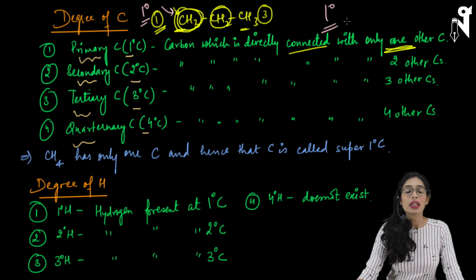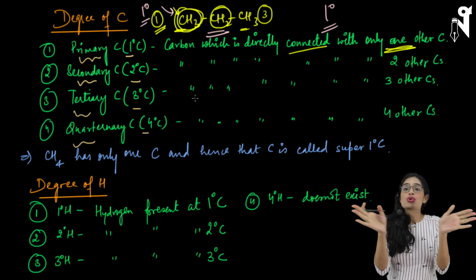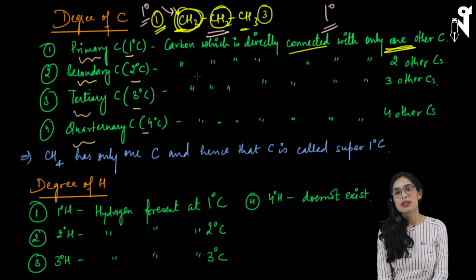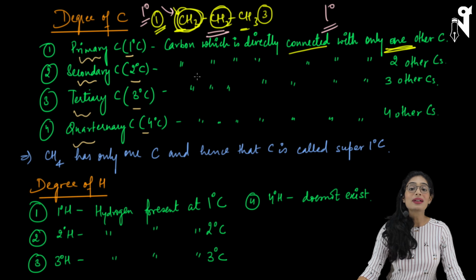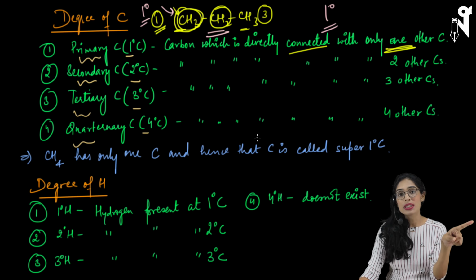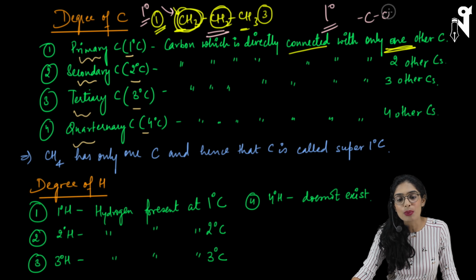Now in the case of the second carbon, what's exactly happening? The carbon has 2 bonds with 2 hydrogens and the rest of the 2 bonds with 2 carbons. So it has 2 immediate neighbors as carbon. It doesn't mean that you have a carbon with CH2, CH3, so I cannot consider both of these carbons.